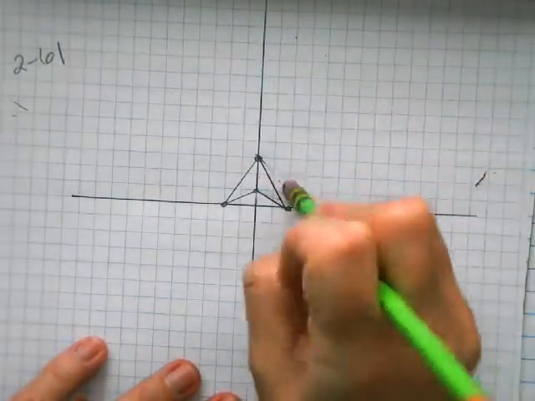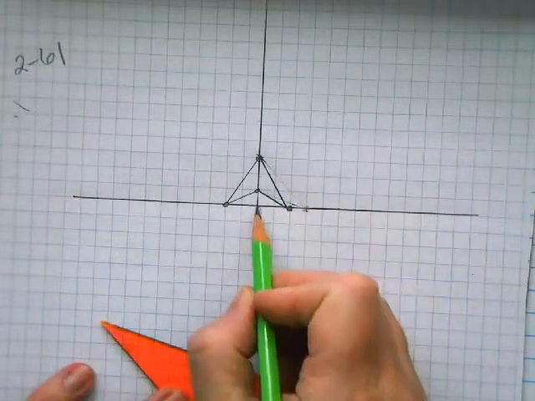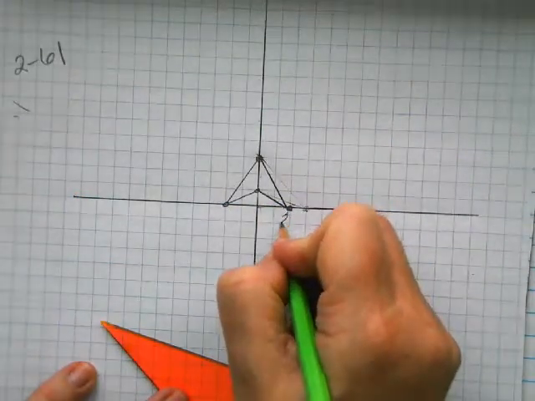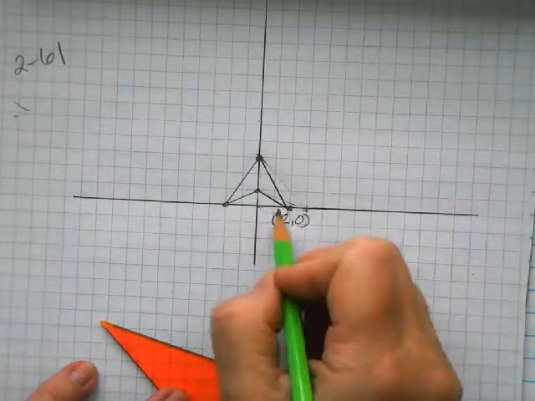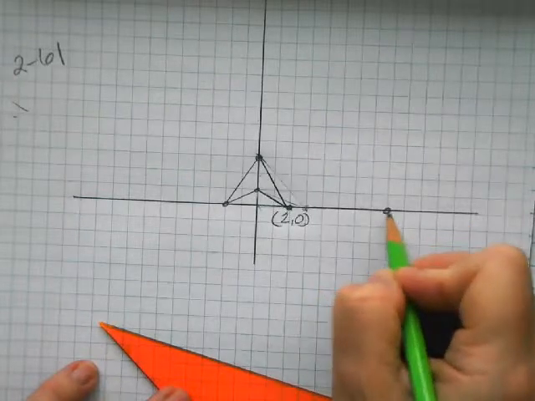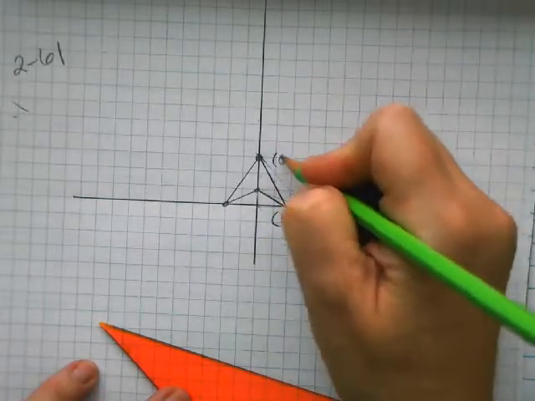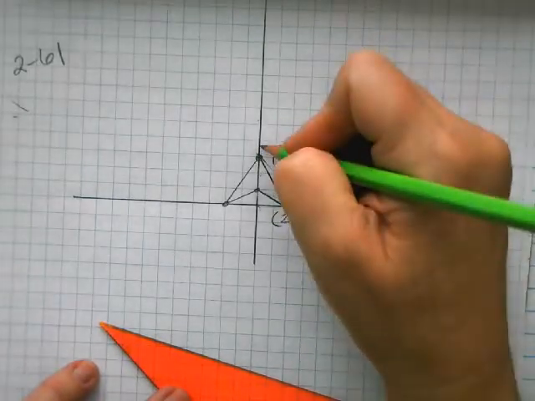Okay, so we're dilating by a factor of 4. So I'm just going to see what the coordinates at this point is and multiply by 4. So (2, 0) is going to become (8, 0). This is (0, 3). So that's going to become (0, 12).